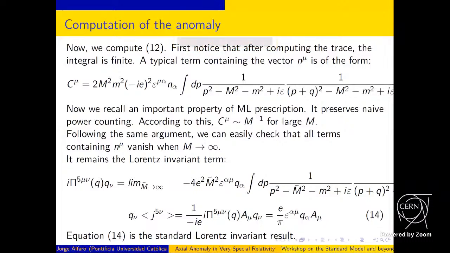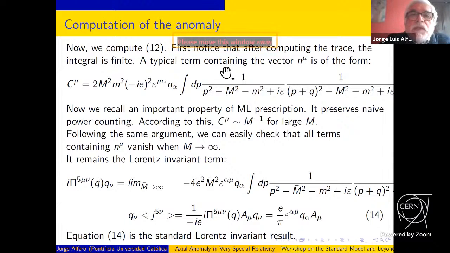Yes, thank you, Nick. So then to compute the anomaly, we notice first that after computing the trace, the integral is finite. A typical term contains the vector n mu in the form I explained here. Now we recall an important property of the Mandelstam-Leibbrandt prescription: it preserves naive power counting.